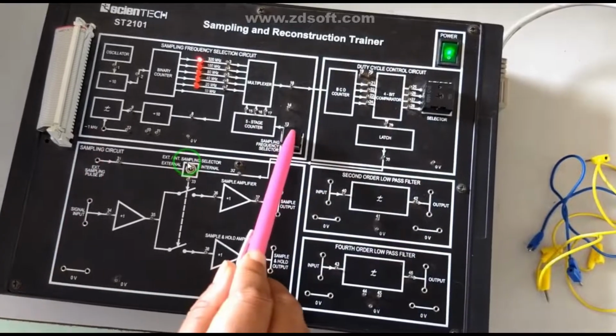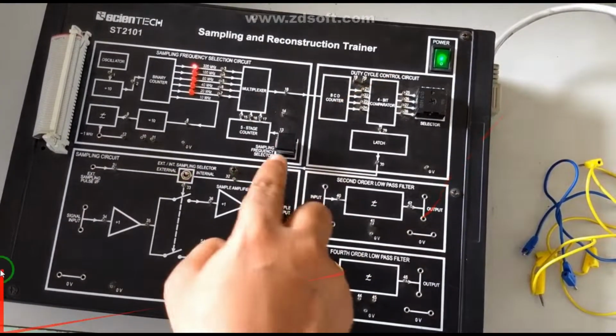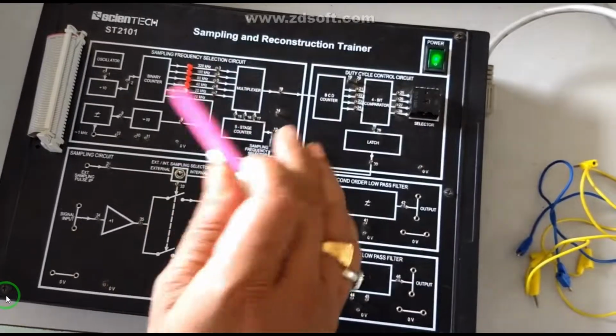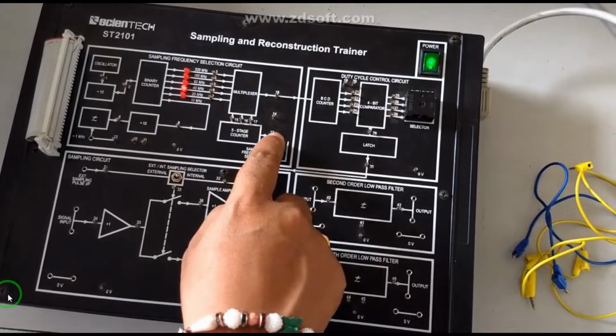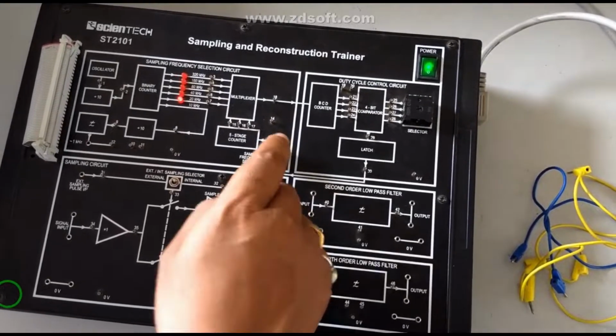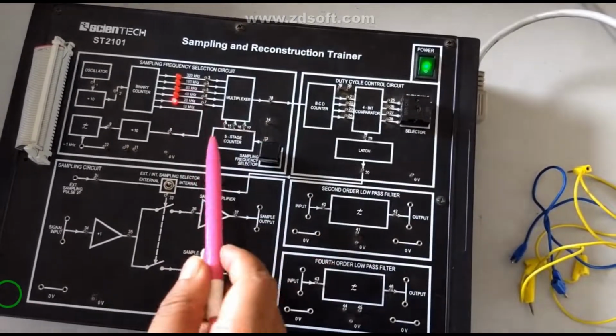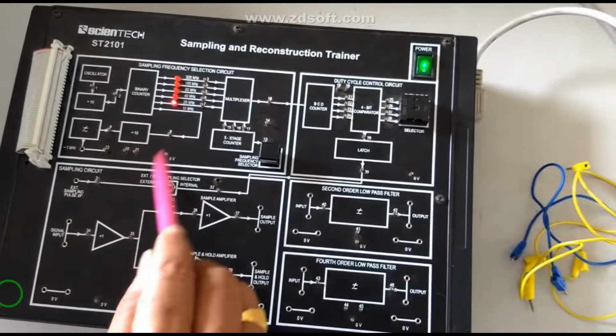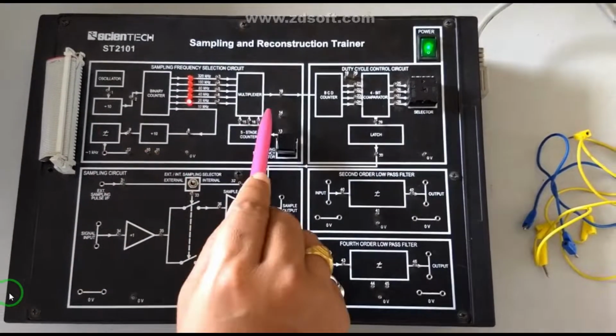And you can see there is a sampling frequency selector switch. By selecting the switch, you can select the sampling rate of 20 kilohertz, 40 kilohertz, 80 kilohertz, 160, and up to 320 kilohertz.